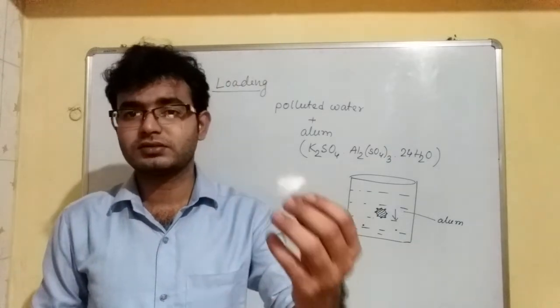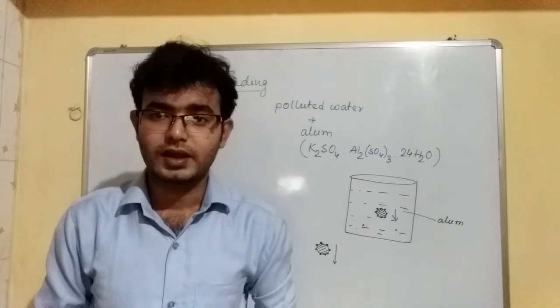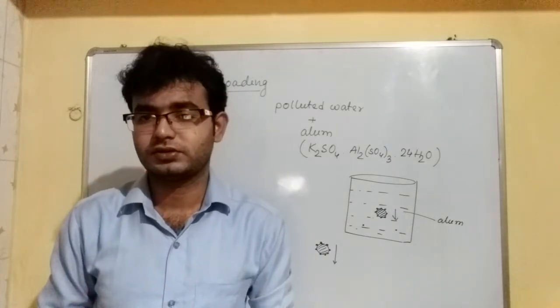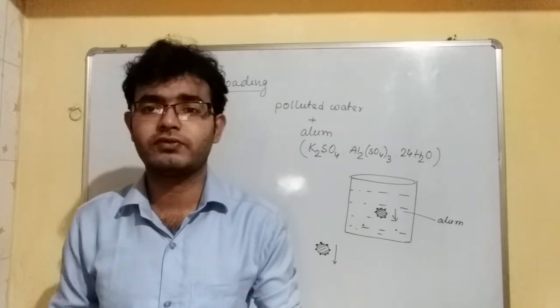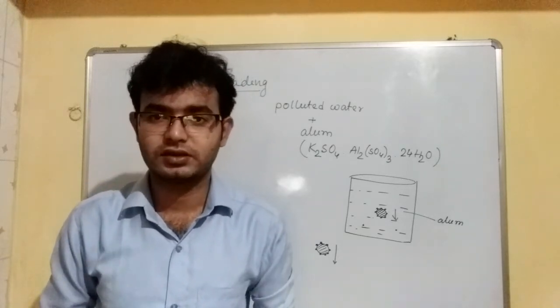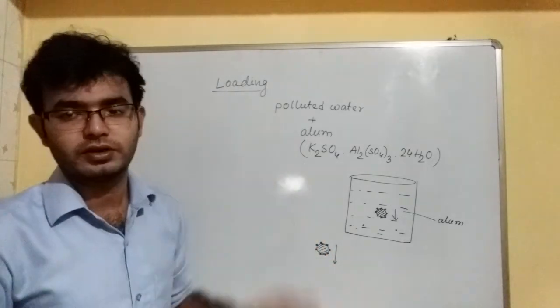As a result, the particles of alum become heavier, and then they settle down. Now, these settled suspended impurities can be removed by filtration easily. So, this total method is known as loading.